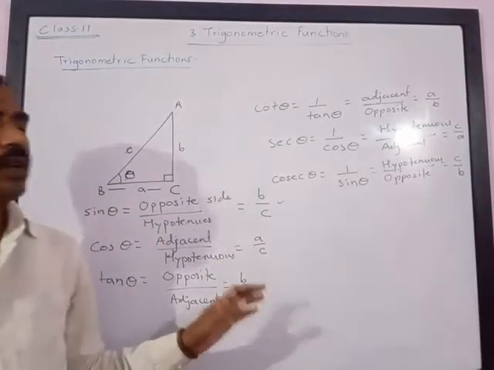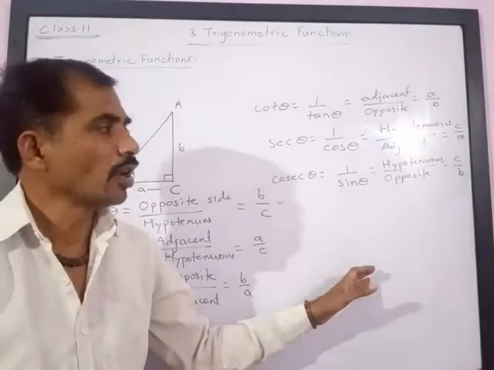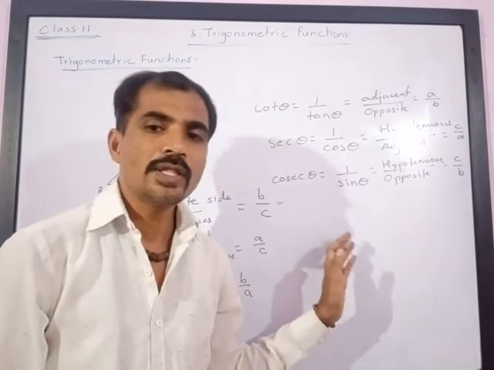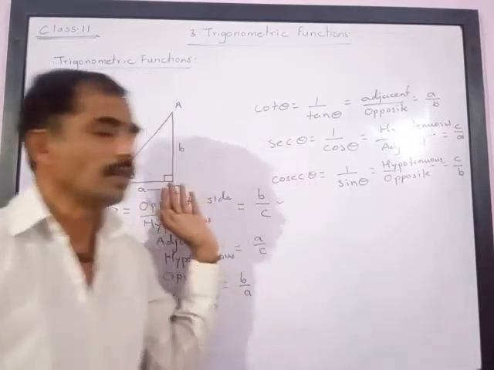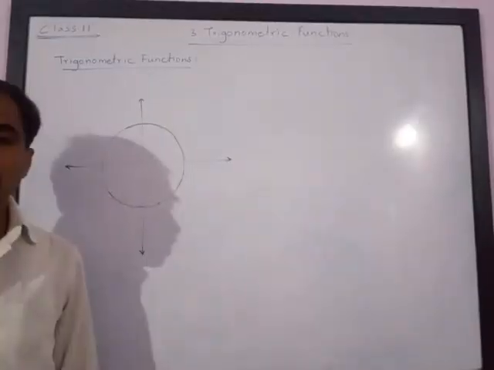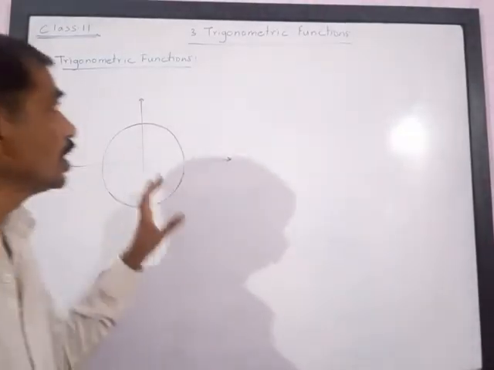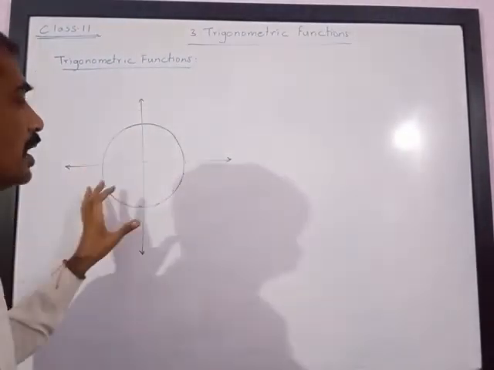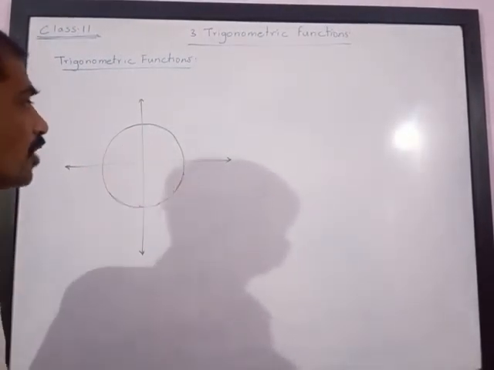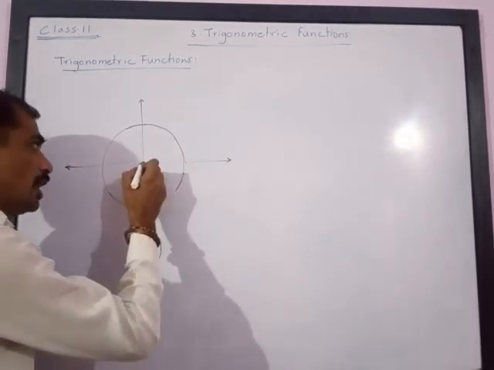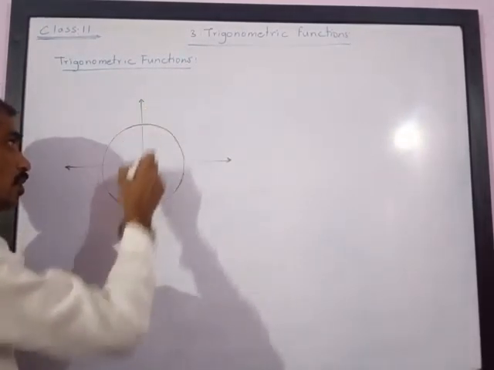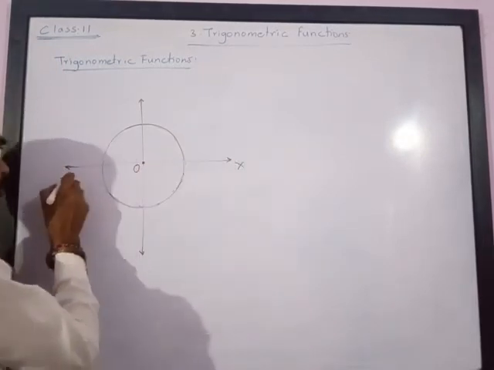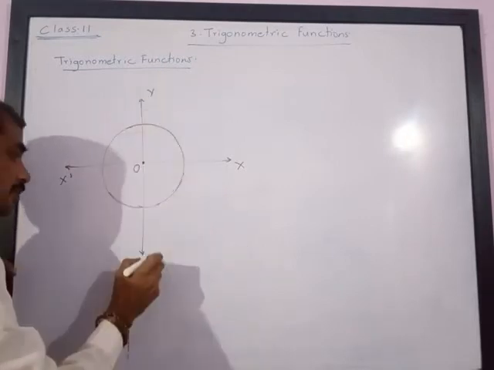Dear friends, now let us study the trigonometric ratios for all angles. For this we are going to consider another figure. Now we are going to study the trigonometric functions for all angles, in terms of radians. So let O be the center of the circle at the origin. This is the x-axis and this is the y-axis.